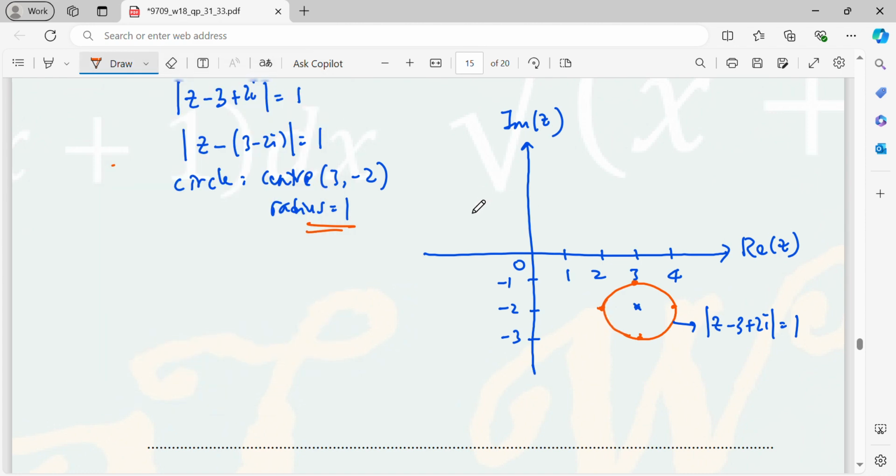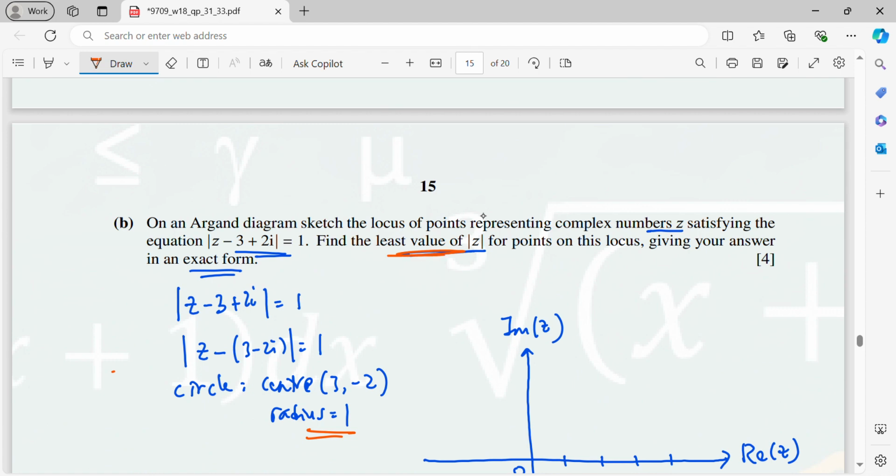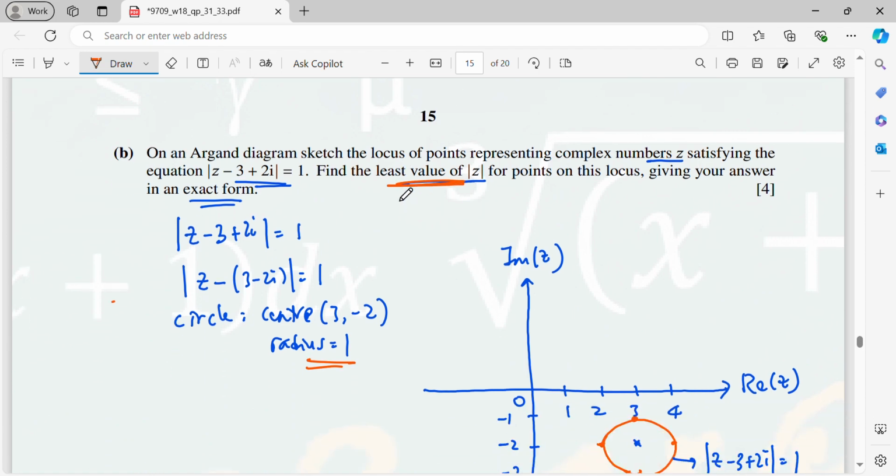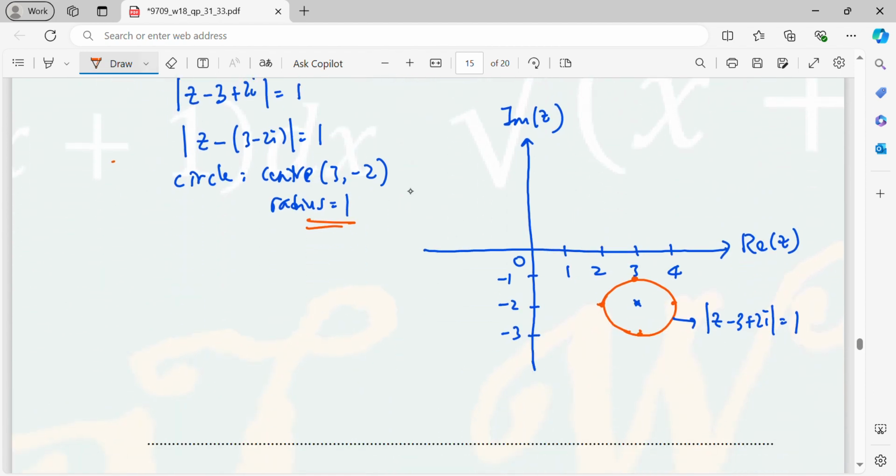Now the question says find the least value of modulus z. The z are the points on the circumference of the circle. The modulus is counted from the origin, so obviously this will be the smallest, up to here. This is the smallest, and I need to find this.